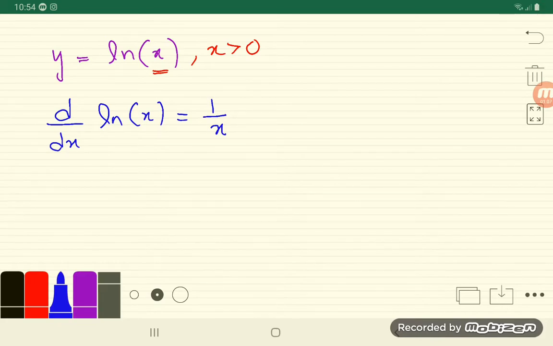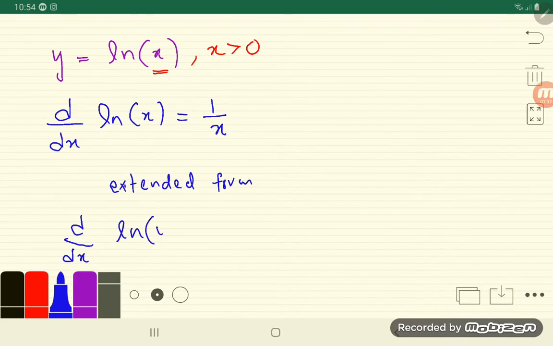Okay, so if we go for the extended formula, we are going to get, if we differentiate with respect to x, but now your ln is in terms of u, where we are supposed to use implicit differentiation there.